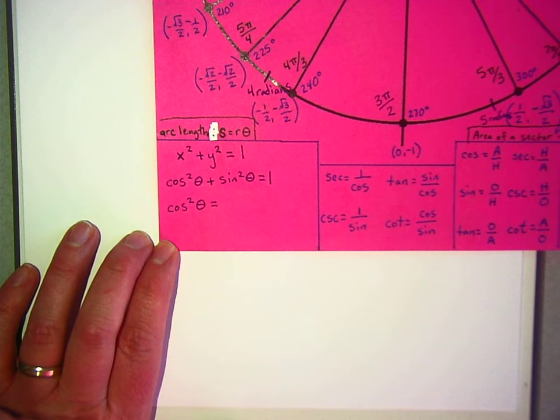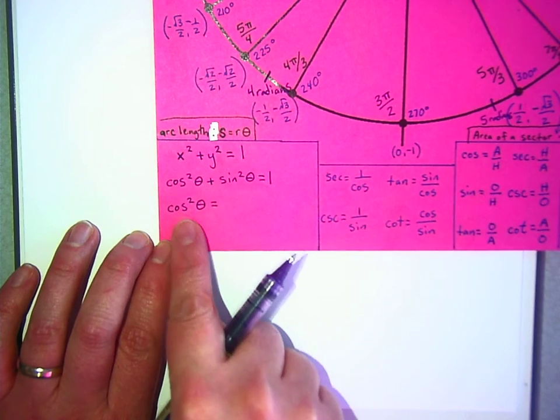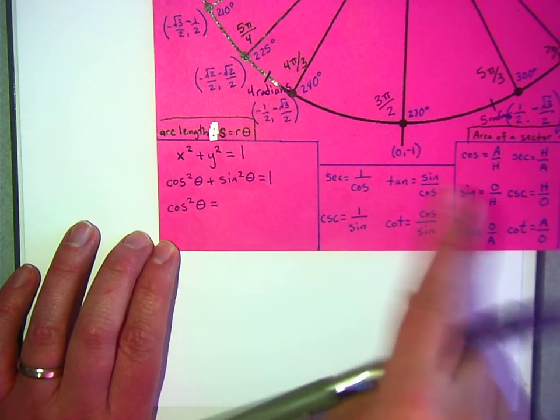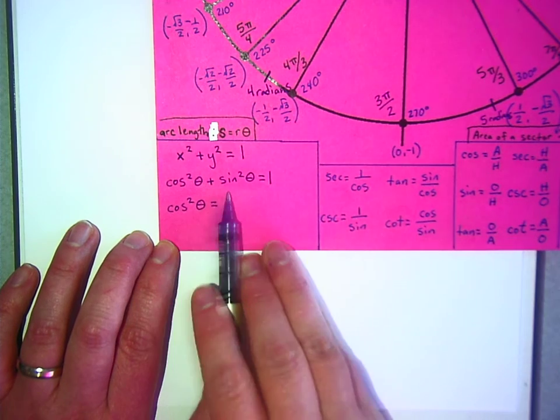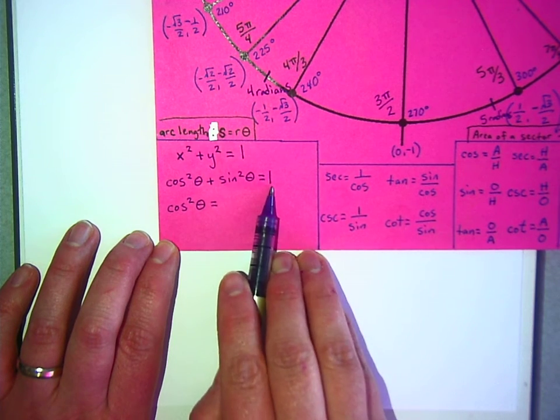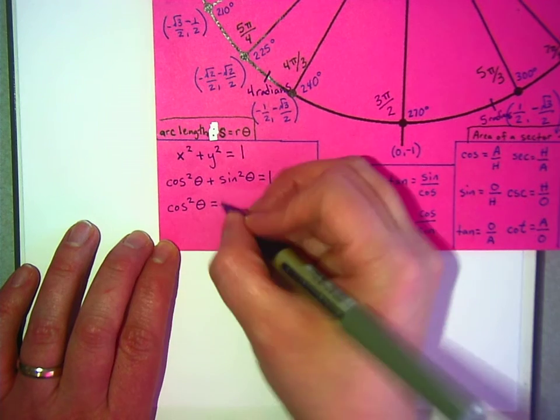So if I solved this equation for cosine squared theta, and I moved the other stuff out of the way, what would it be? 1 minus sine squared, right? Because I'd have to subtract sine squared from both sides. You guys seeing it?